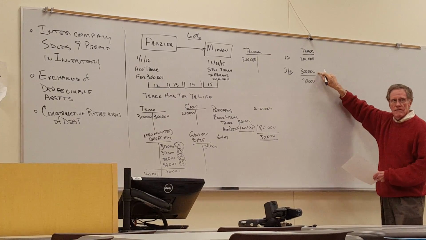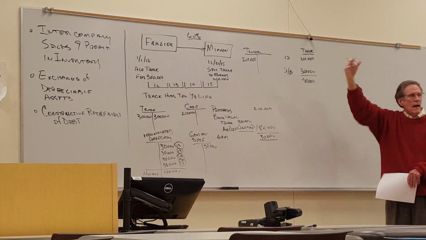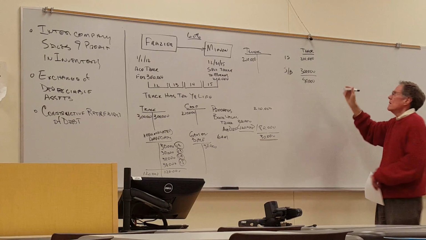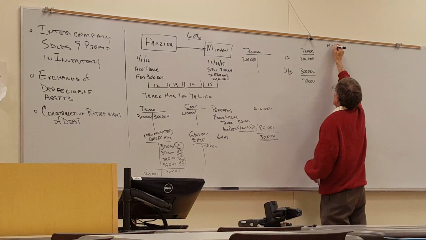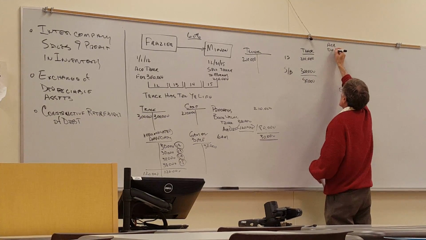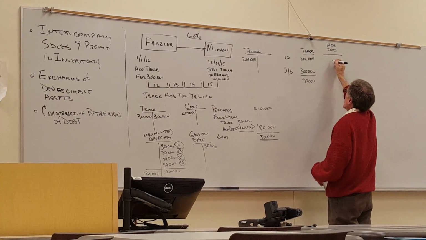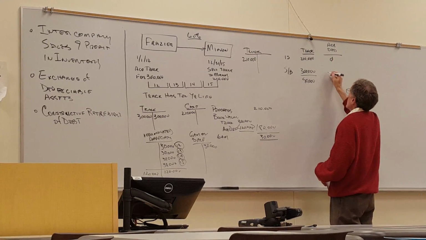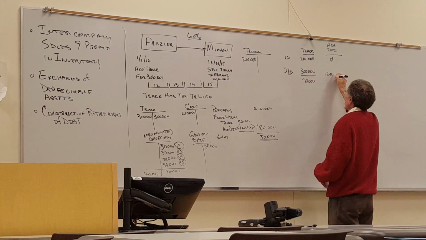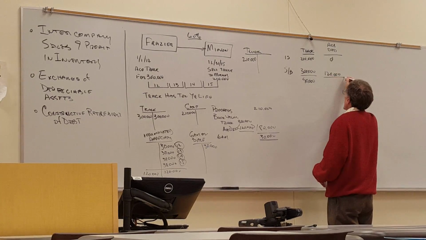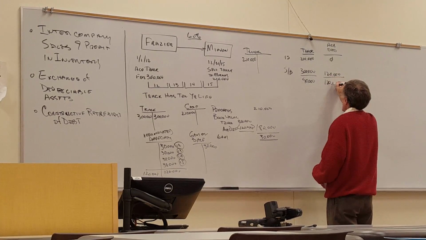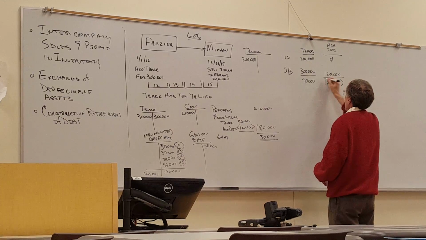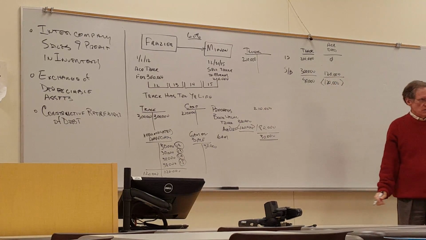We need to debit the value of the truck to get it back up to $300,000. We have accumulated depreciation on the books of $0. It should be $120,000. So we need to credit accumulated depreciation for $120,000.